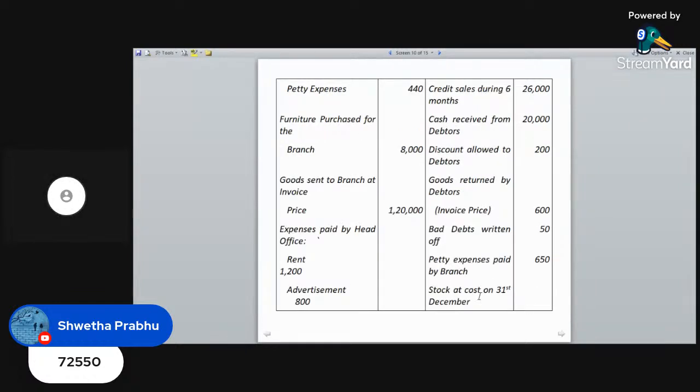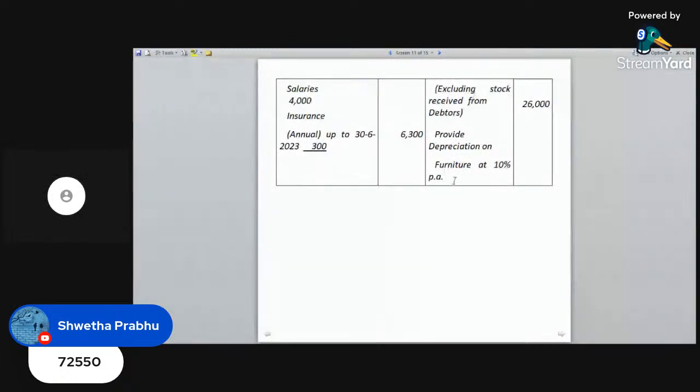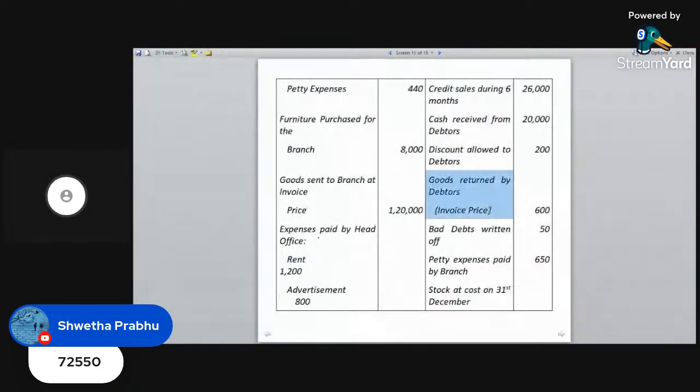See, look at here, stock at cost. Stock at cost is how much? On 31st December, okay, sorry, while explaining goods returned by debtors, I had confused this. Goods returned by debtors is not goods returned by branch to the head office. So goods returned by debtors should be at invoice price, and this should be accounted in the credit side of the debtors account.